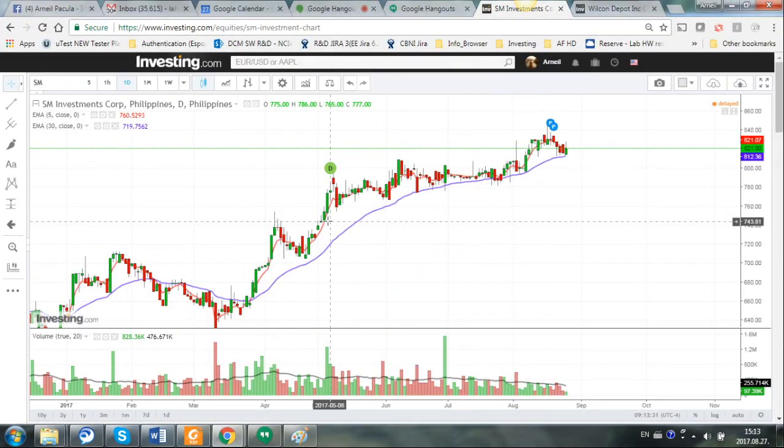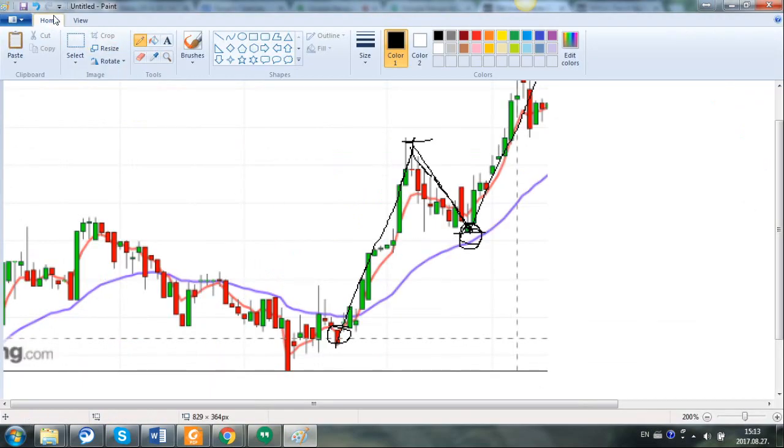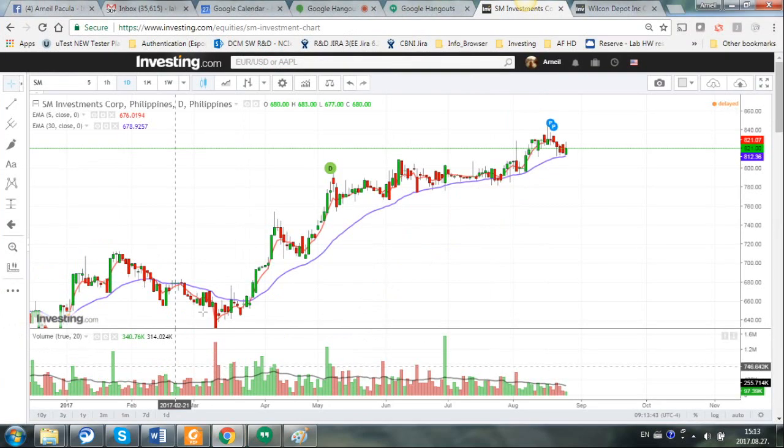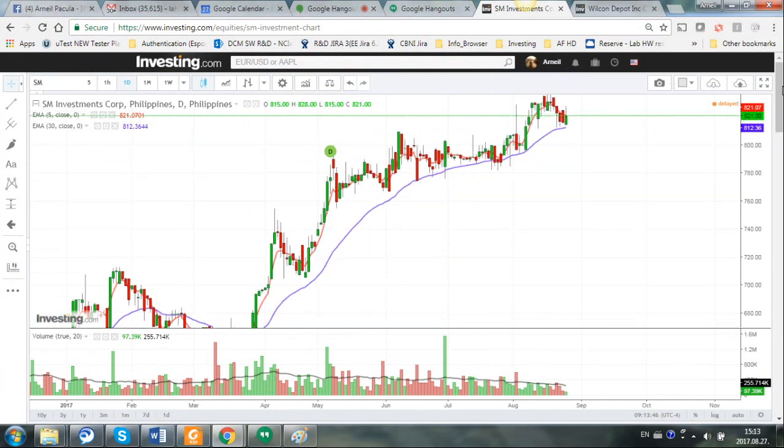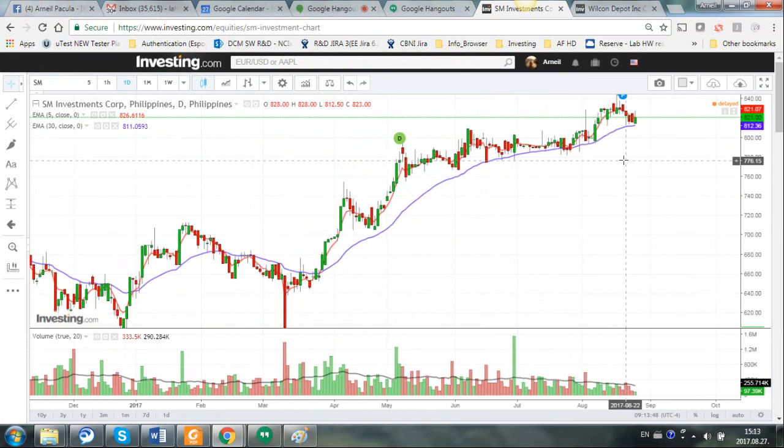But there are more possible percentage, but only 3 is the most probable percentage. Ano yun? So, okay, I pull out the Fibonacci retracement tool.